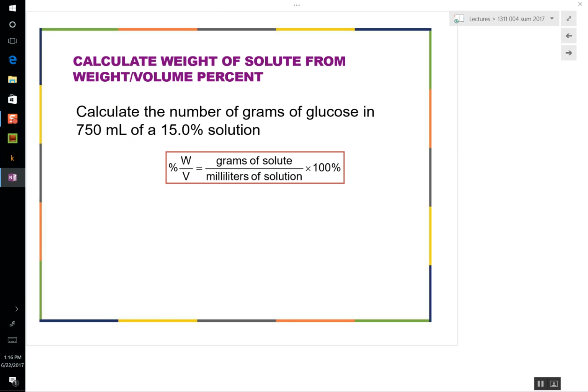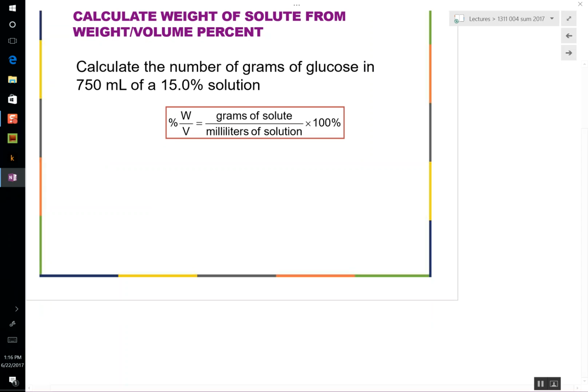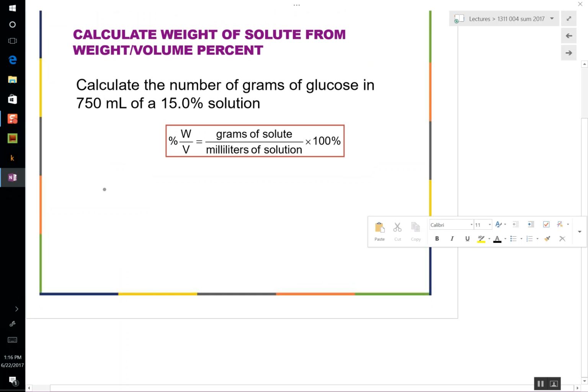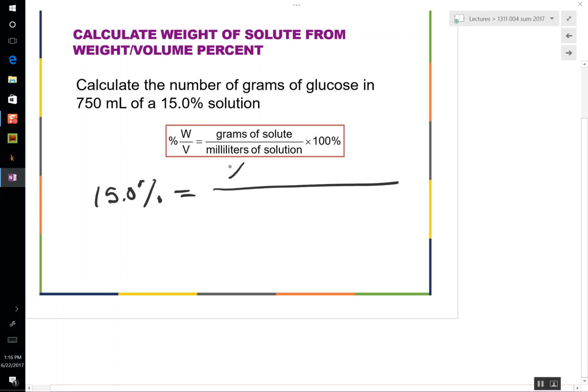Okay, now here's the harder calculation. Calculate the number of grams of glucose in 750 milliliters of a 15% glucose solution. So what do we have here? We have that 15% equals X number of grams of glucose per 750 milliliters times 100%.